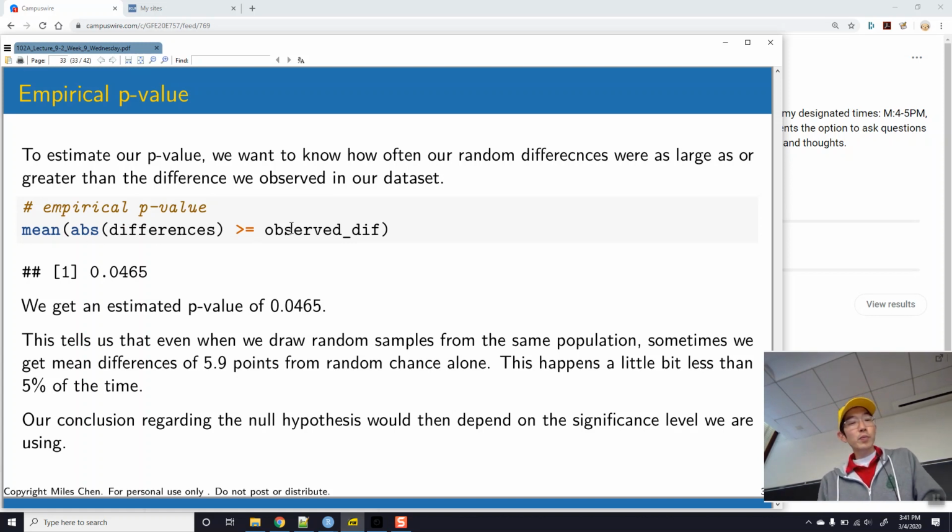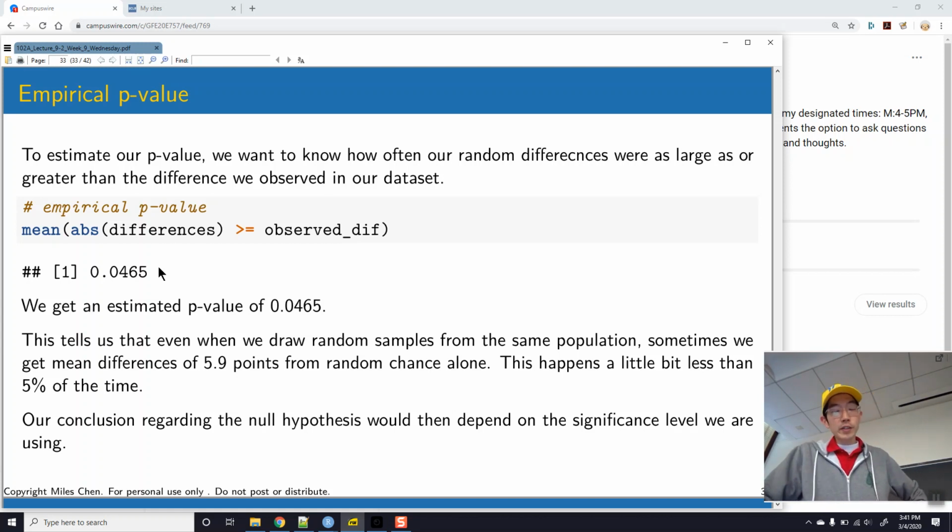We've got 10,000 of them. How many of them are greater than our observed difference of 5.9? Around 4% of them, 0.0465. That's the proportion that we get. 465 out of 10,000, that's around 4.65%. So that's our estimated p-value.